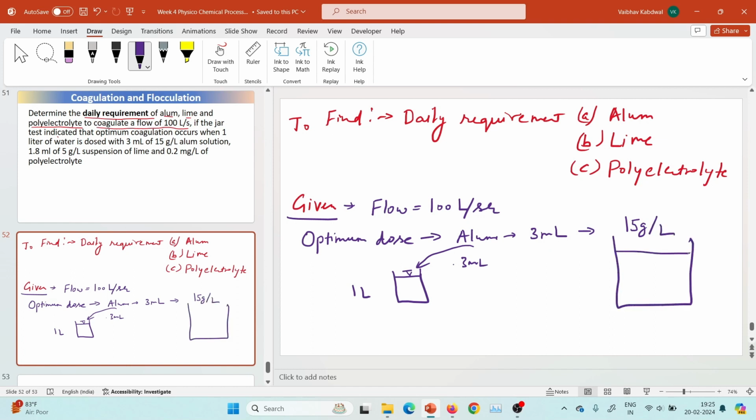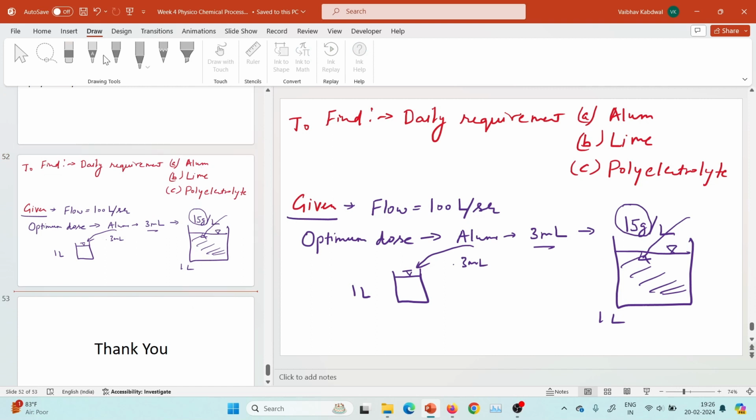So what will we do? We take a 1 liter beaker or volumetric flask and add 15 grams of alum in it, and then from that we will take 3 ml.